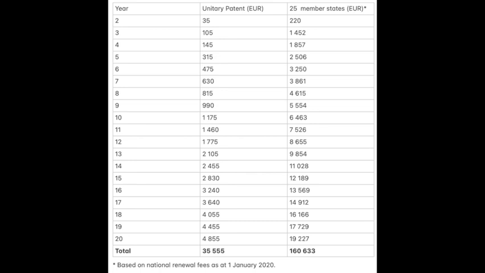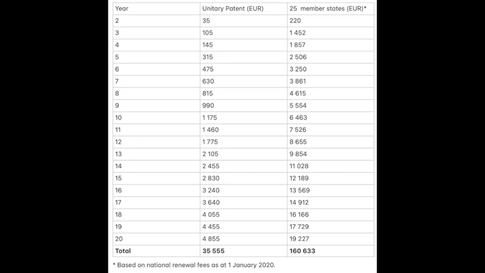So that is a massive amount. I don't know how many of the patent filers will go up to the 20 years, as I said, that is doubtful, and how many will have 25 member states, that is doubtful as well. This is the big picture, so to say.